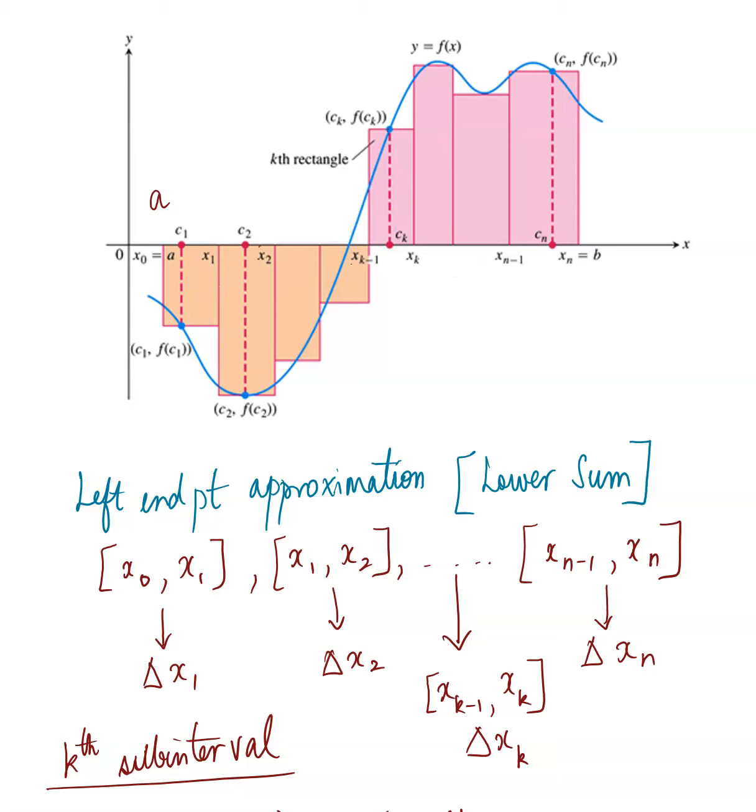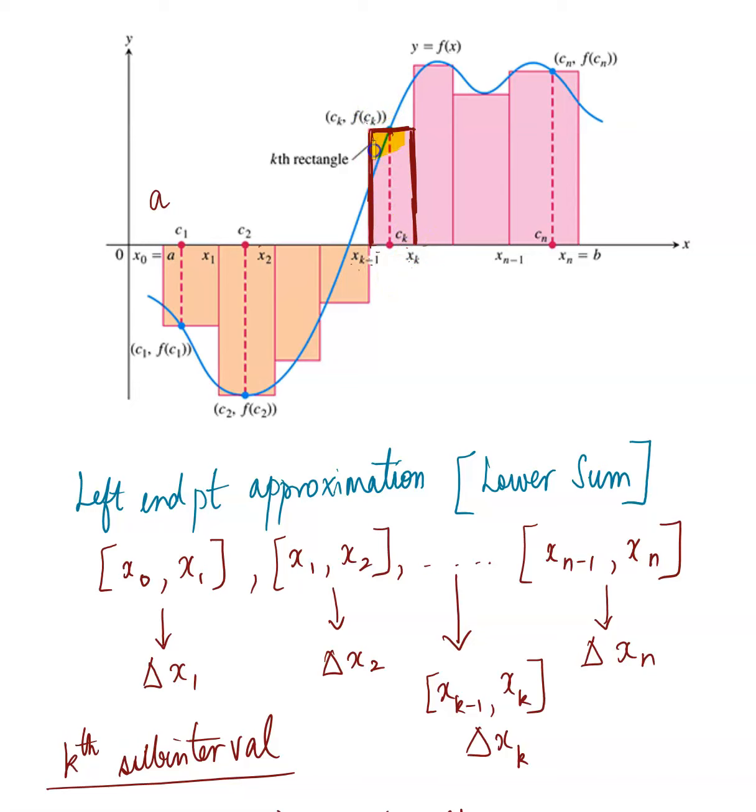We can say this is the kth one, and xk minus 1, xk are in the right positions, and ck is the midpoint of the kth subinterval. Therefore, the height of the rectangle will be f of ck. The corresponding y coordinate of ck will give us the height of this rectangle.